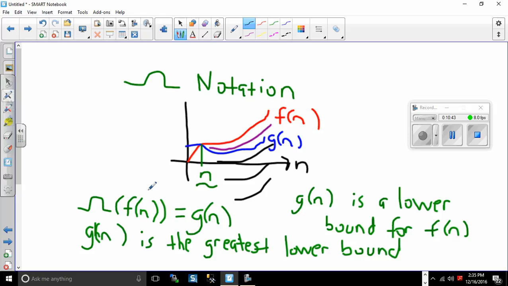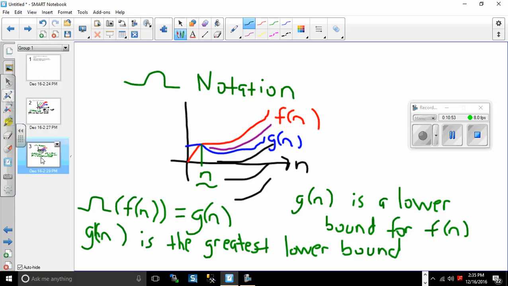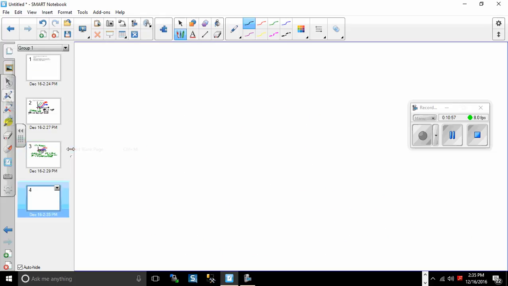Now also mentioned in your text is theta notation. What theta notation basically is, is a combination of big O and omega notations.